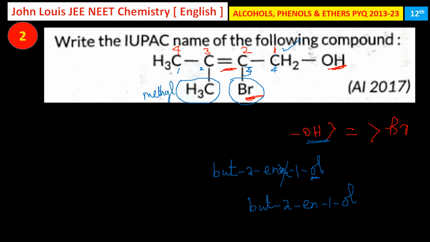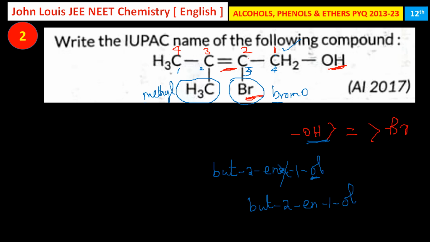So now which one should be named first? We should go by alphabetical order, not by the position. Bromine starts with B, and methyl starts with M. So this is bromo. B comes before M in the alphabetical order. Therefore, bromine should be named first.